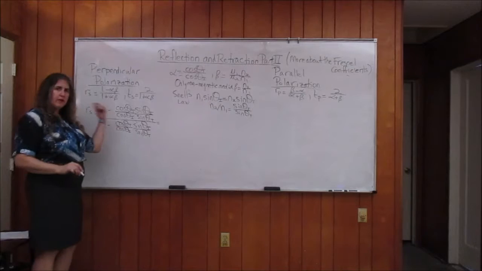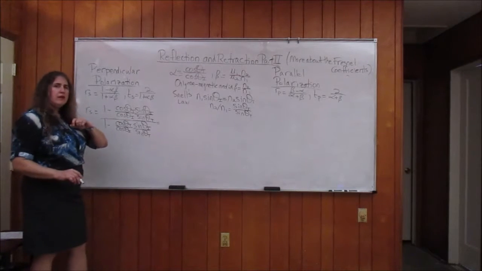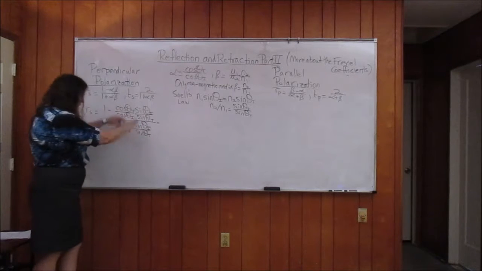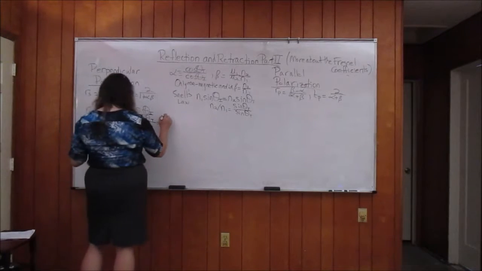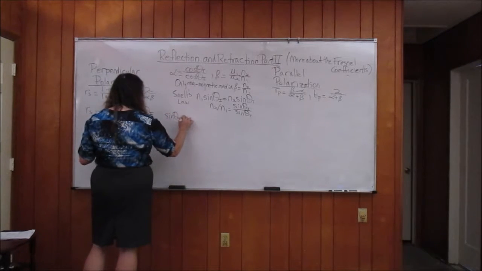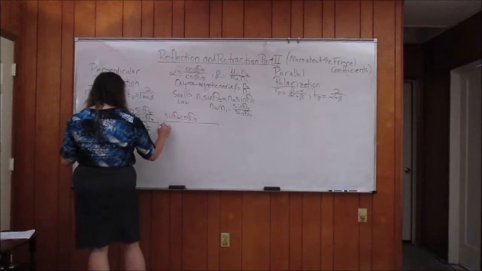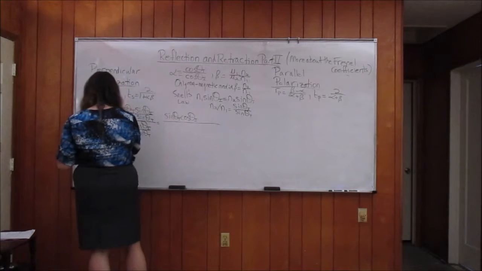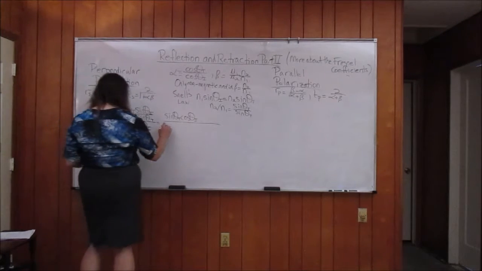Multiply every term in this expression by cosine theta I times sine theta t. Those denominators here and here will just drop out, and we will be left with, actually a plus down in the denominator.